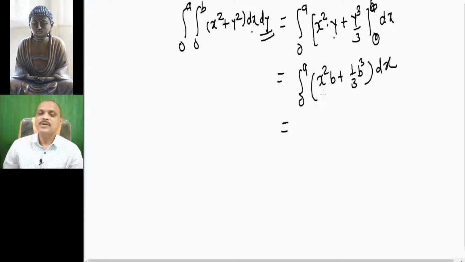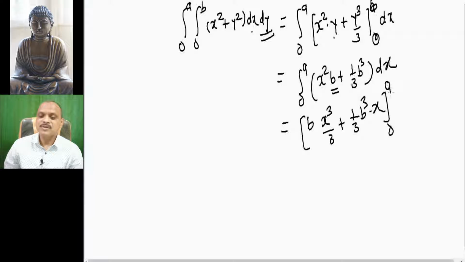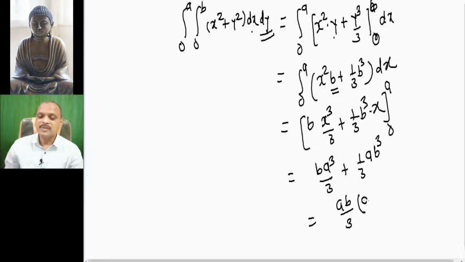Now we have to evaluate with respect to x. b is constant, so b into x cube divided by 3 plus 1 by 3 b cube into x between the limits 0 to a equals b into a cube divided by 3 plus 1 by 3 a into b cube. Here we can take a b common, and we get a square plus b square. So this is the answer of this problem.